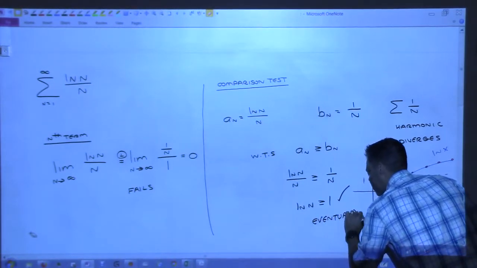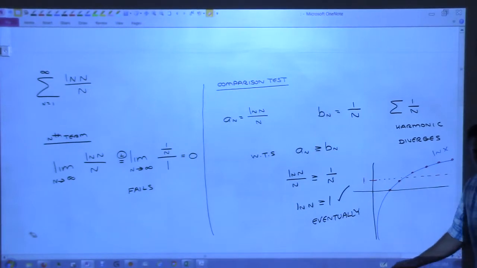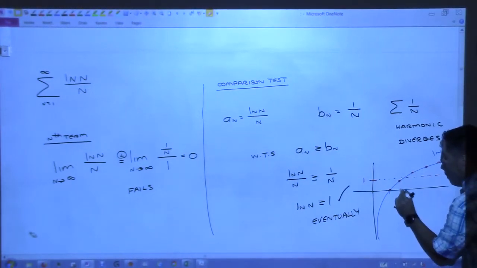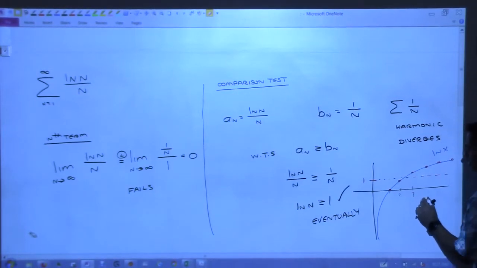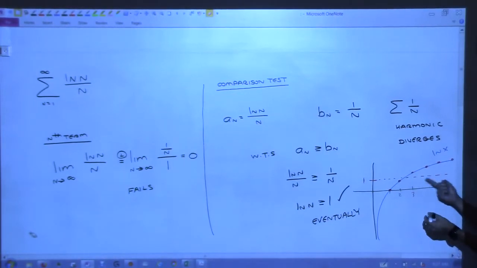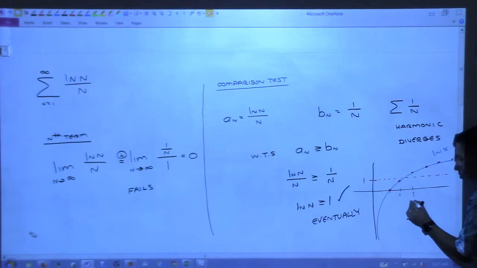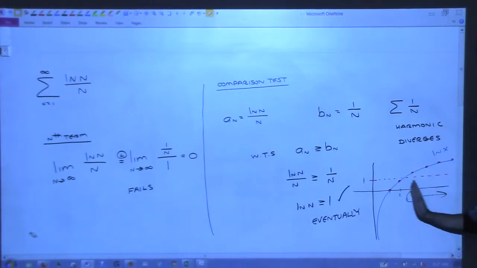Once you get past a certain point, and for us it was 3, here's 1, here's 2, here's 3. I actually drew it right. I wasn't planning on that. Once we get to 3 and on, it's going to be true. So that's what I mean by eventually. Maybe it doesn't work for the first 2, maybe it doesn't work for the first 100, but if at some point on it works, you're good.